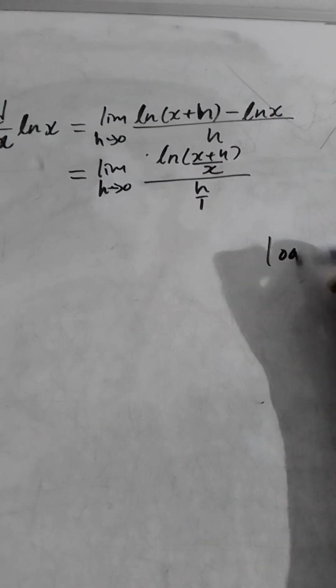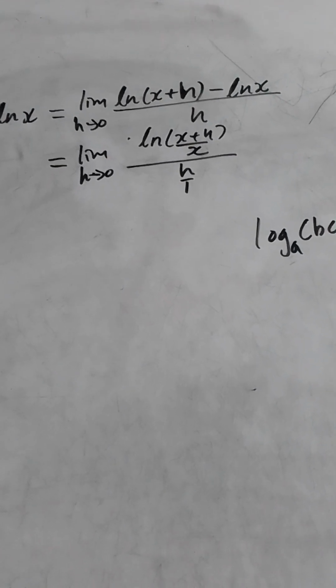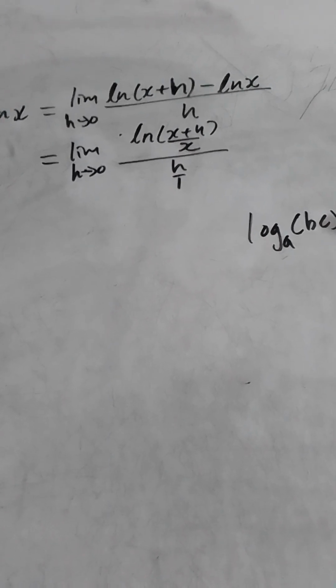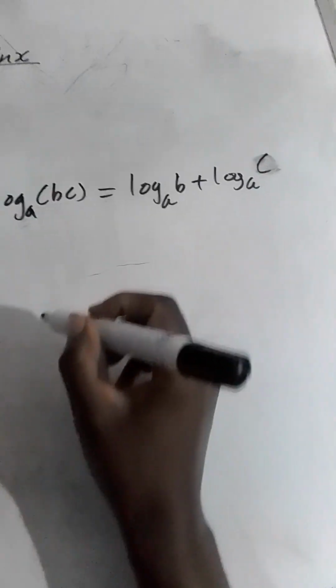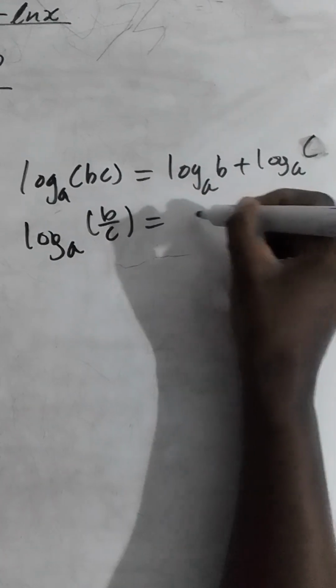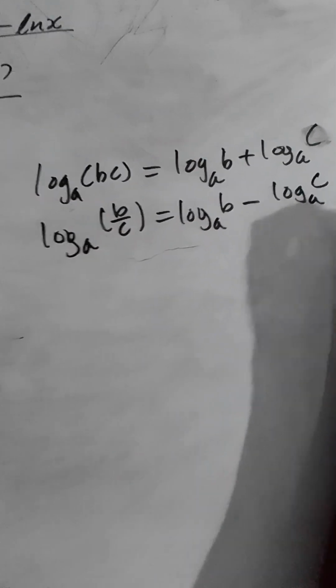Remember that the log of BC is equal to the log of B plus the log of C. Or another way, if we have log of B over C, then it becomes log of B to the base A minus log of C to the base A. So that's what we did here.